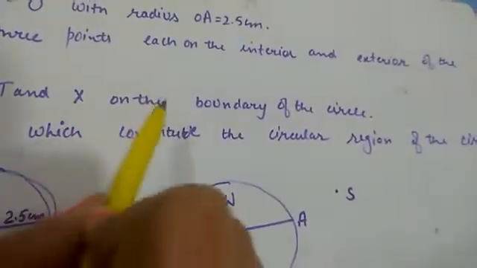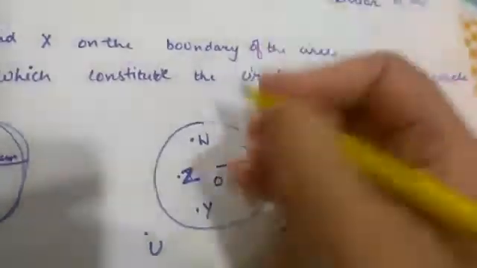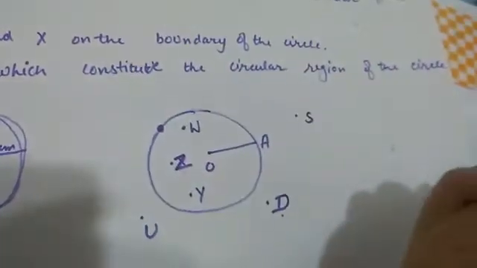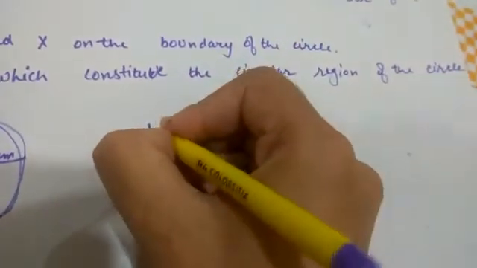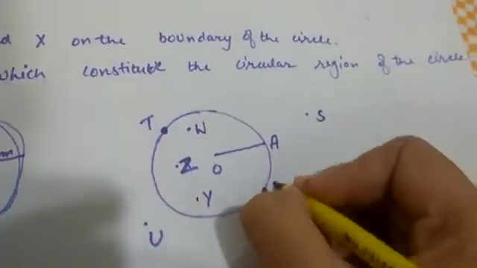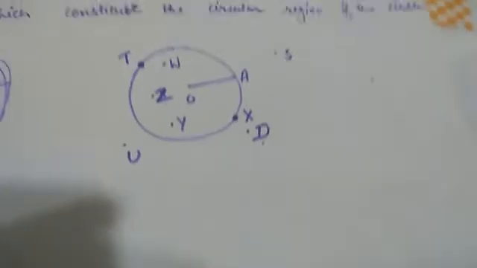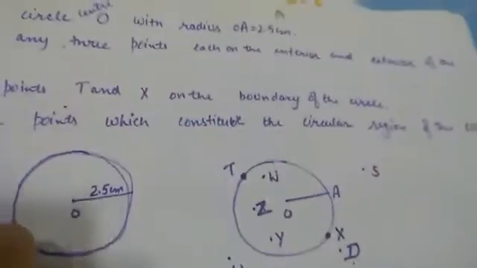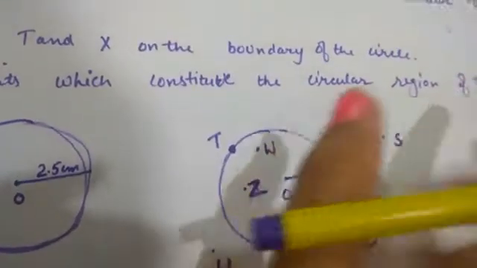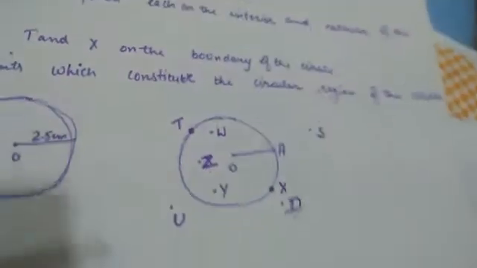Draw points T and X on the boundary of the circle, means on this region, anywhere you can. Here let us suppose this is a point on the boundary of the circle. Let us say this is the point T. And this is also on the boundary of the circle. Let us suppose this is the point X. Get it?